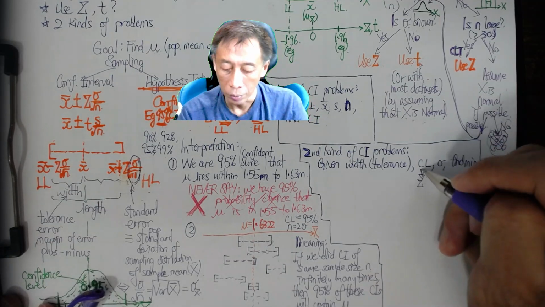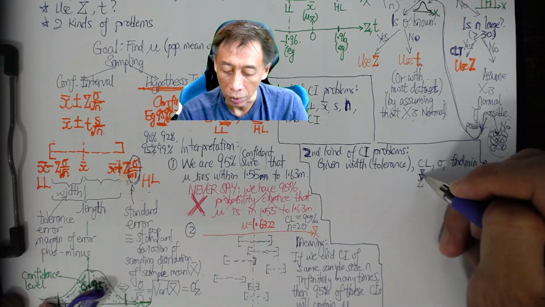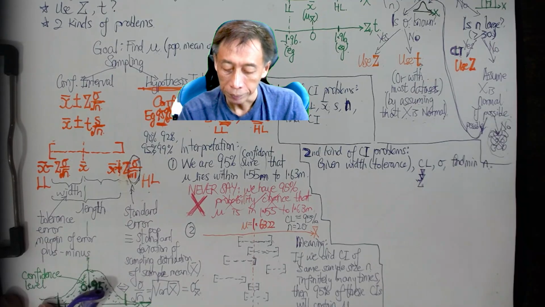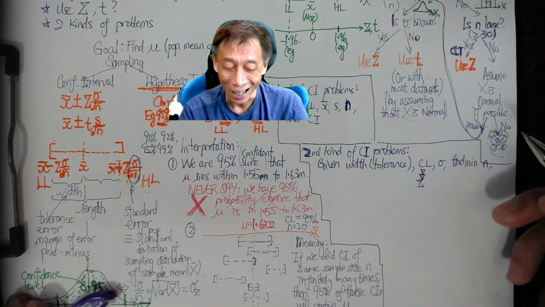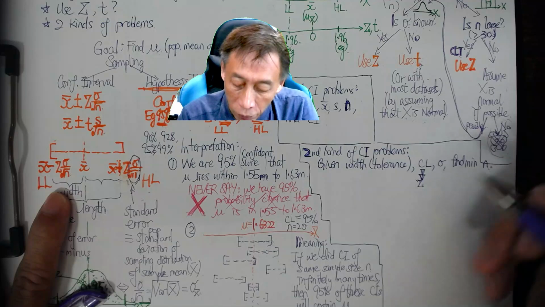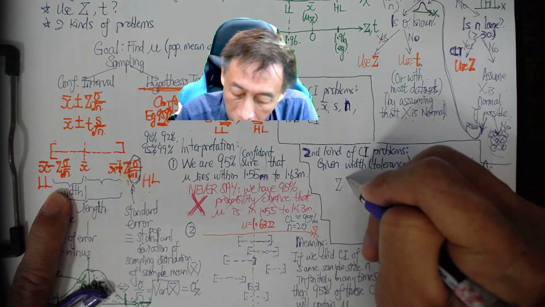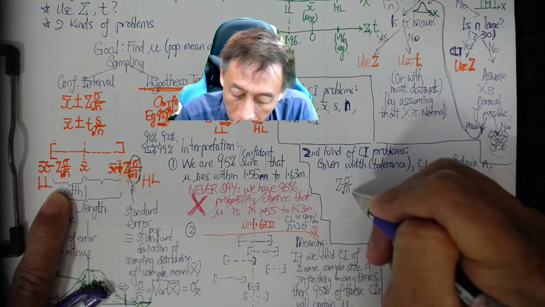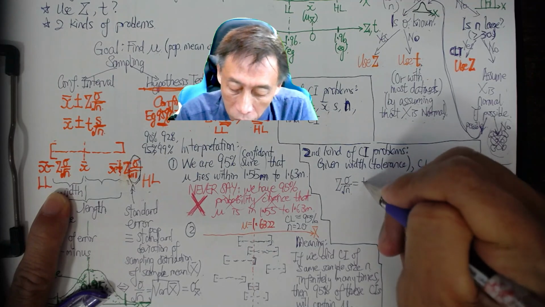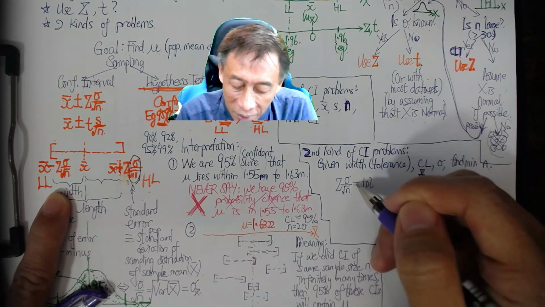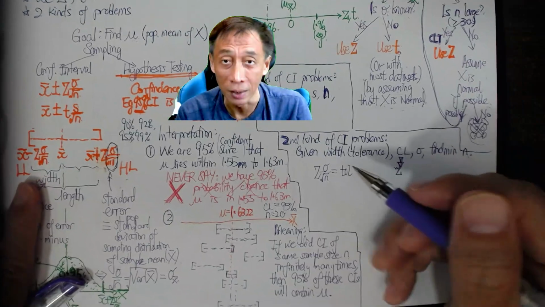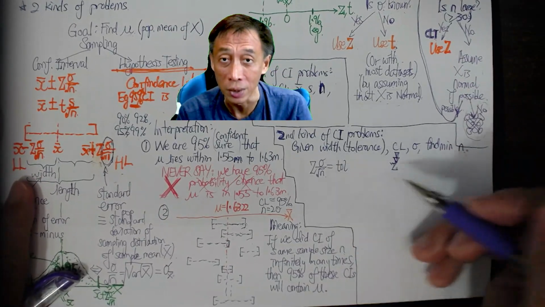Okay, so confidence level is going to give rise to z. So we have z sigma over square root n. n is what we want to find, is equal to tolerance. Basically, it's less than or equal to tolerance, but for now let's just put equal, which is easier.